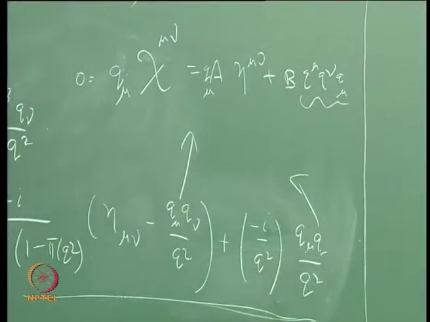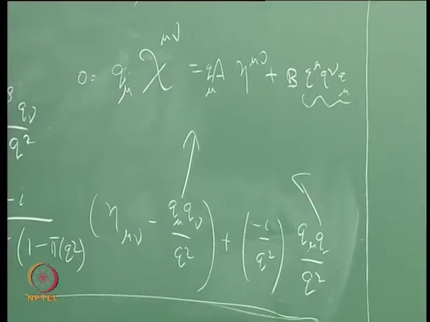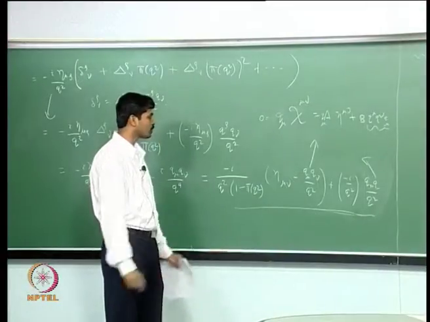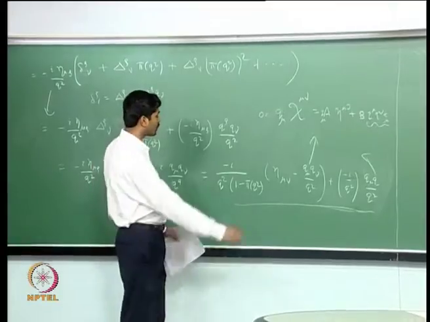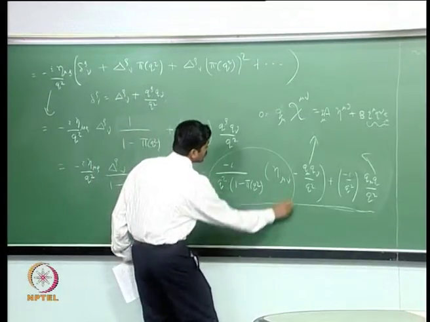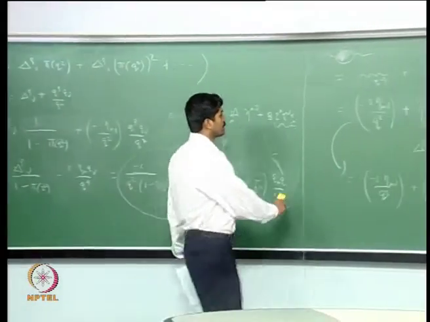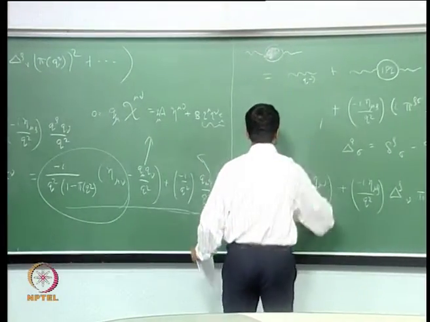The contribution coming from these two terms will simply vanish, they will cancel, and finally it will become 0. So, for the purpose of computing the S matrix element, the full propagator is given by this term here. Therefore, we will simply write the full propagator to be.